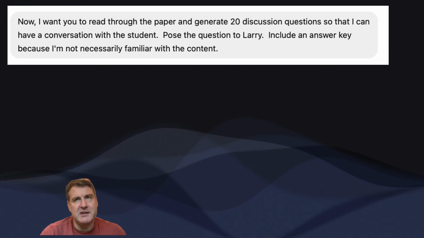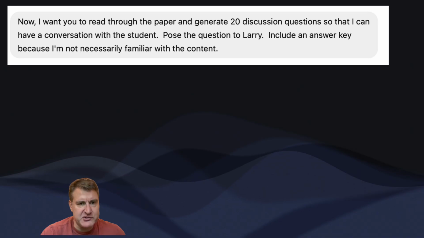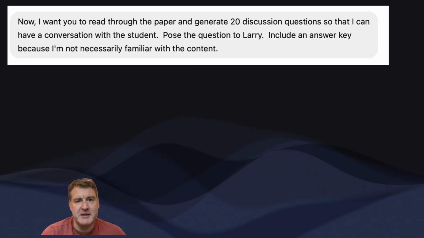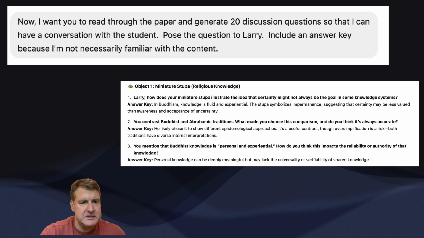One of Larry's artifacts was a physics formula, which I know nothing about. So ChatGPT will give me an answer key so I can have a better understanding of what he should be telling me. Once I put that prompt in, I will have my 20 questions.